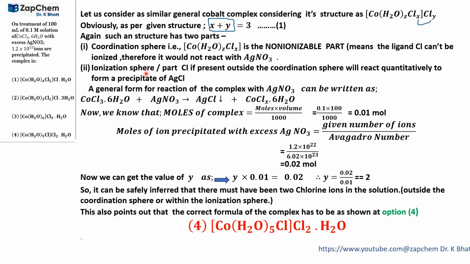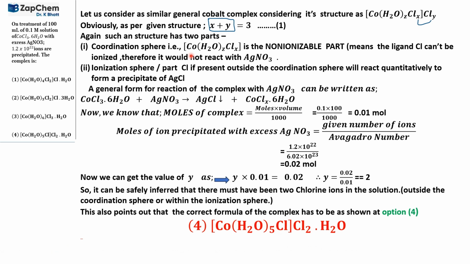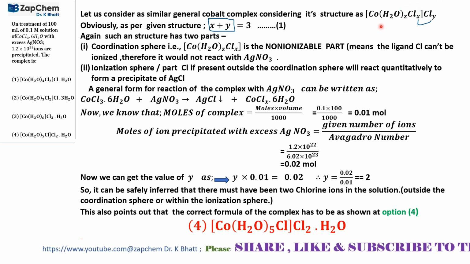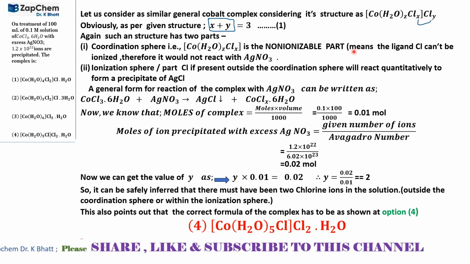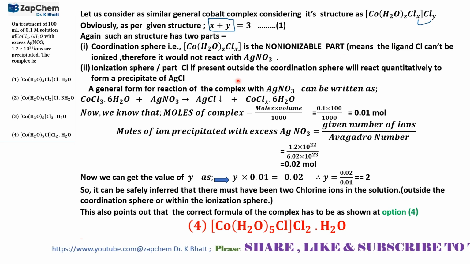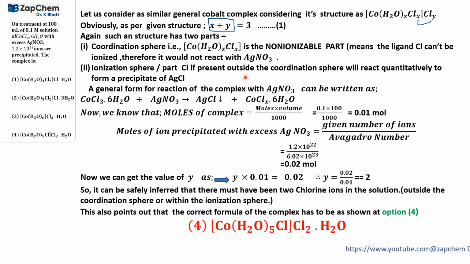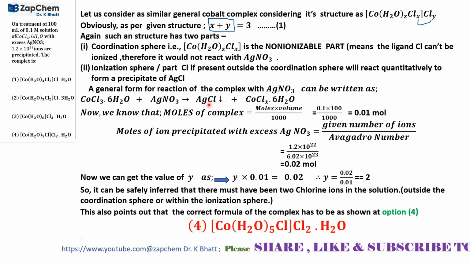Now, as I have told you, there is a coordination sphere, there is an ionization sphere in the complex, and this coordination sphere is the non-ionizable part, meaning the ligand which is present within the coordination sphere, as you can find within the bracket, will not react with silver nitrate. Whereas outside the coordination sphere, there is an ionization sphere, and whatever Cl ions are present there will definitely react with silver nitrate to form a precipitate of silver chloride.